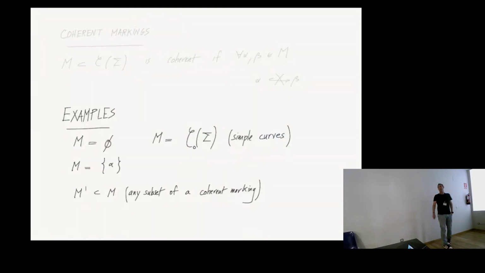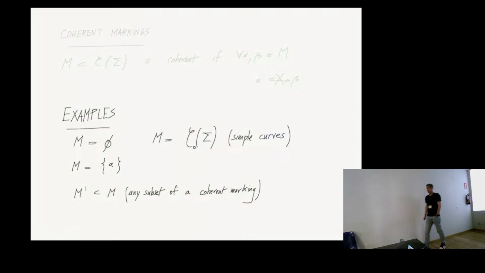So here's an example, the empty set. Right? So everybody's unsupported with the empty set, so that's fine. Okay? So that works. Here's another example, you just choose any curve. And keep in mind that this curve is an oriented curve. So you can choose a curve with one orientation. That is a coherent set. Right? Or you can choose, for instance, all simple curves. Right?